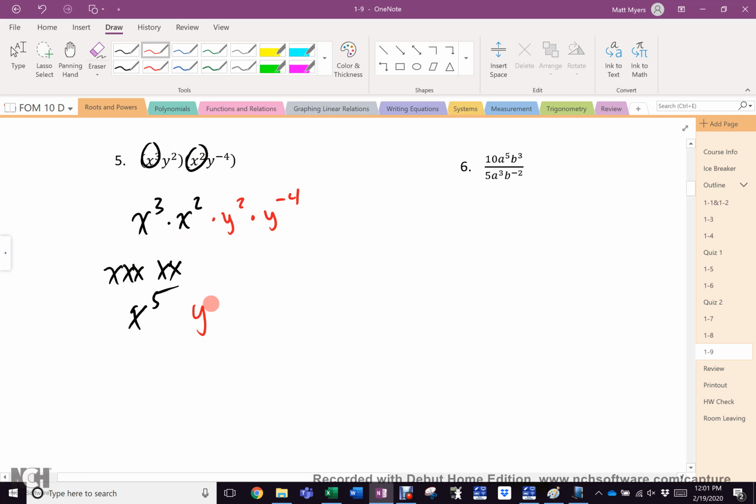This is y, because y squared is y. That means nothing, right? You cannot multiply y by itself negative 4 times. So that has to be put down in the denominator, right? And now those two y's will cancel. Goodbye! And we don't write y, we write y squared.